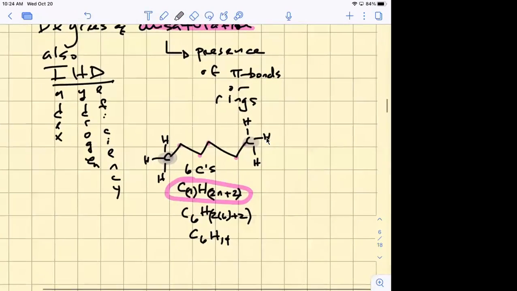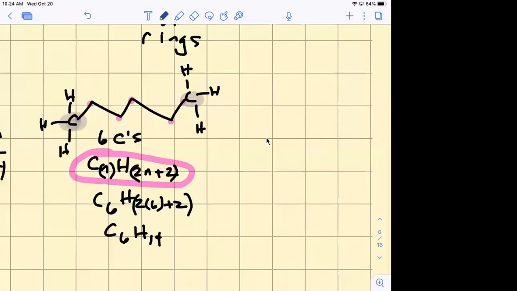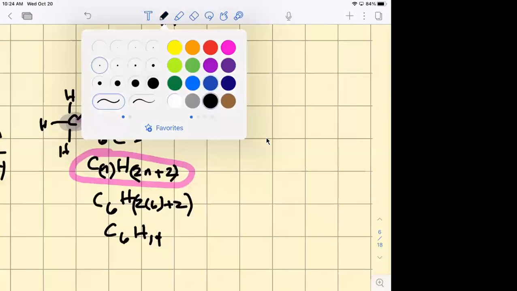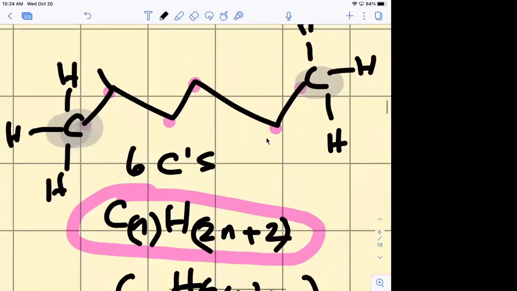Remove a proton, or a hydrogen? Yeah, you're going to have to take a hydrogen off, right? Because right now, if you look at this chain, every space is occupied by hydrogen.